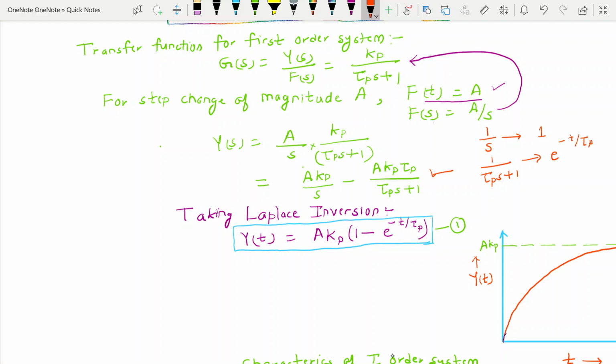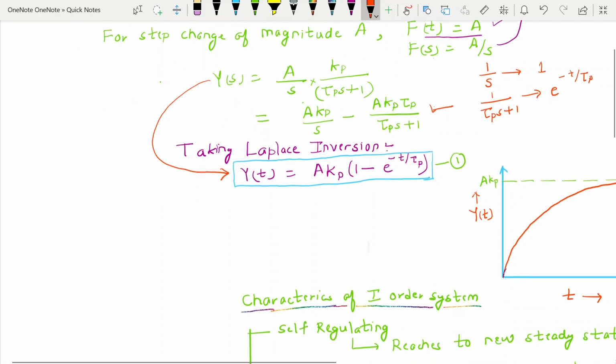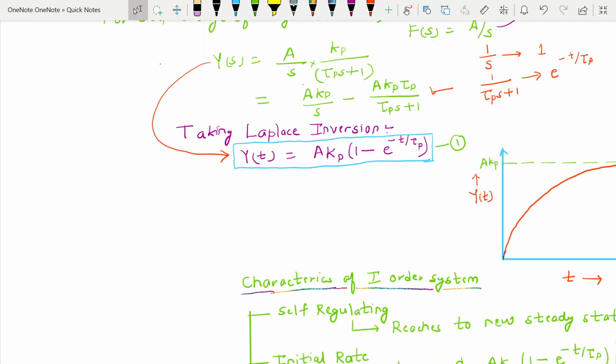Okay, so this equation, after taking the Laplace inversion, becomes y(t) equal to A Kp (1 minus e to the power minus t by τp).